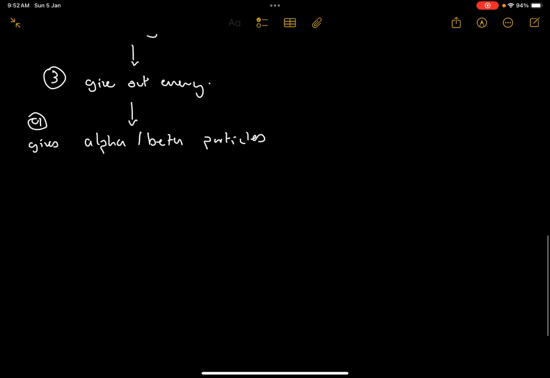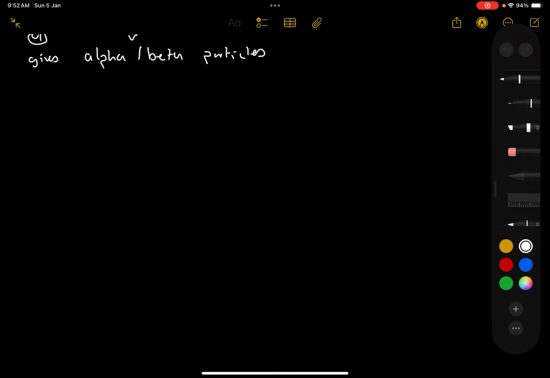So we're going to start with ionizing radiation. And basically, in simple terms, ionizing radiation occurs when unstable nuclei decay. They're going to emit ionizing radiation.